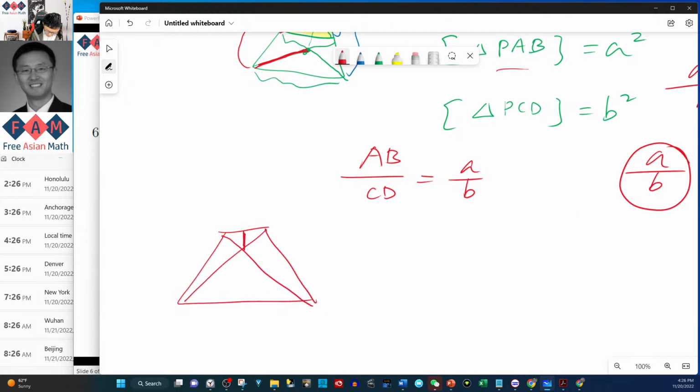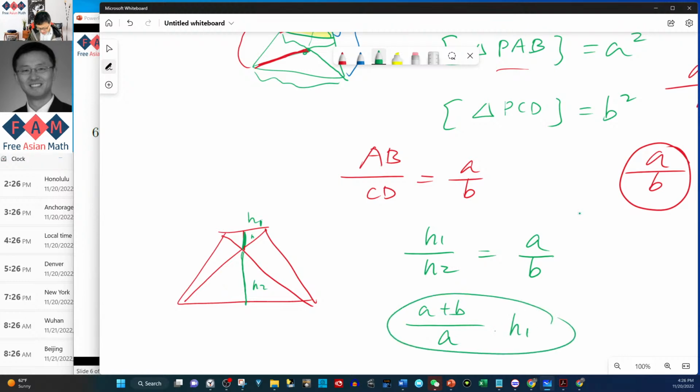If this is h1 and that is h2, then h1 over h2 must be A over B, and the total height is (A plus B) over A times h1.